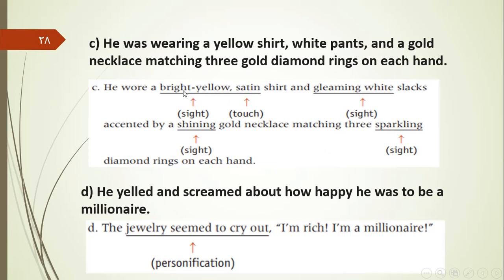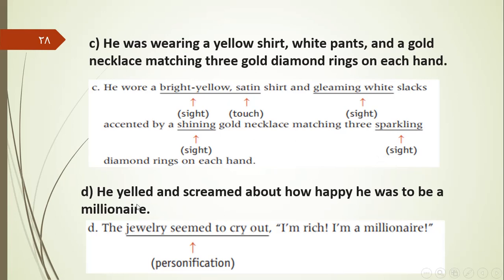Here, this is related to sight. Yellow, bright yellow, it is related to sight. Satin, touch, you can touch the shirt which is made of satin. Gleaming white, related to sight. Shining, sight. Sparkling, also related to sight. So we have figurative language and we have sensory images.